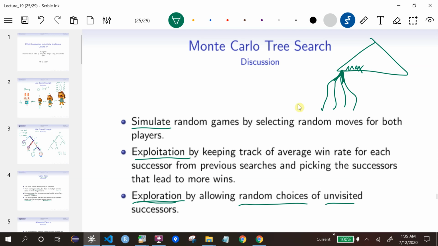We keep track of the average win rate from the exploration we did earlier, and then exploit the fact that it's more likely to lead to one player winning or the other, and then explore those sub-branches further, so we can get a better estimate of the value at the root of this subtree. So that's the idea: how we trade off how much we explore and how much we exploit.